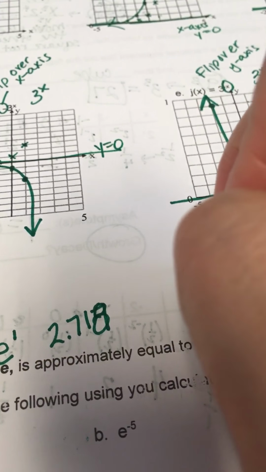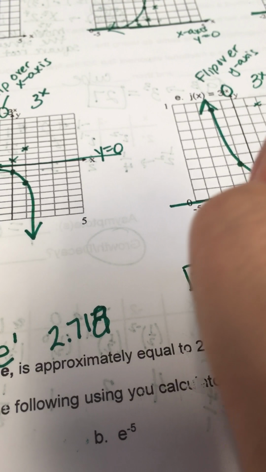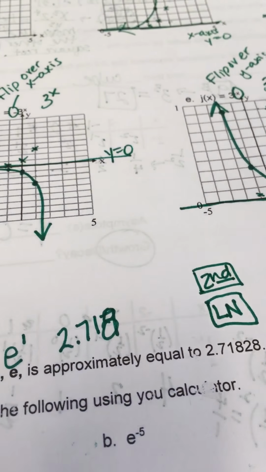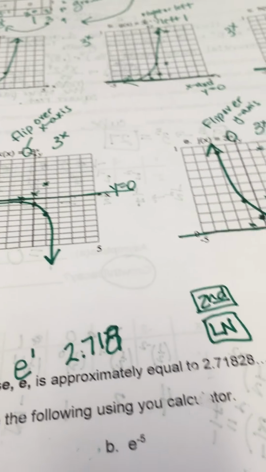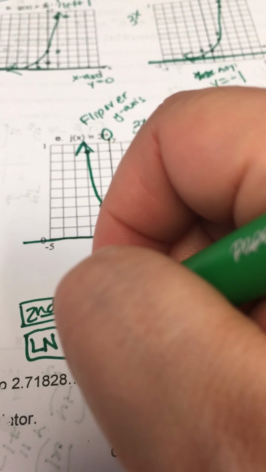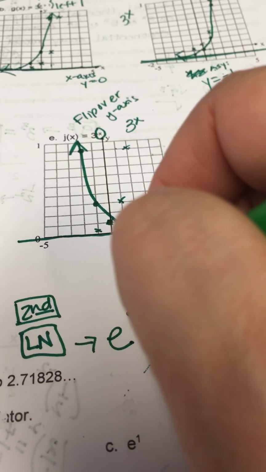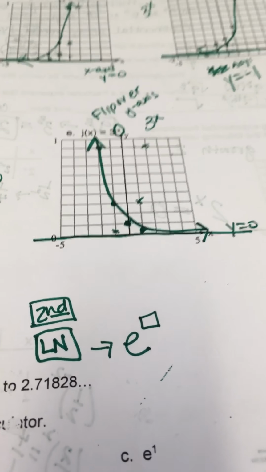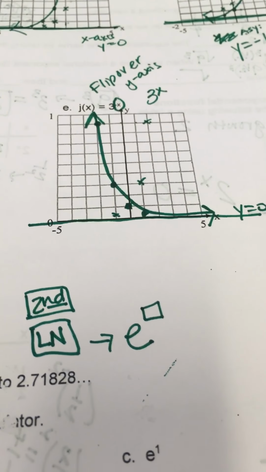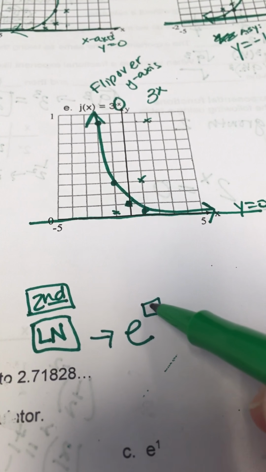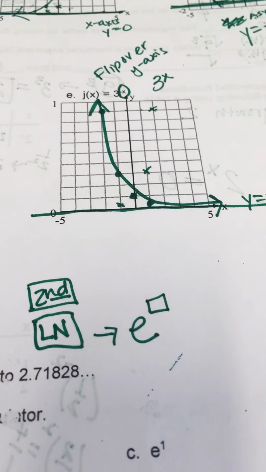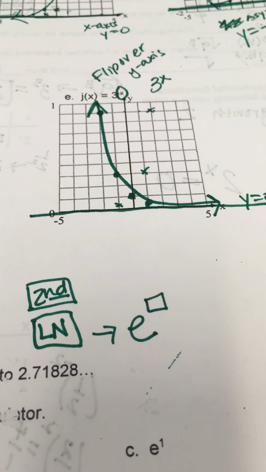To get e, we need to press second. It's on the left hand side down by the on button. To get e, I press second natural log and you'll get e, and depending on the calculator you have, it will put it as e and then it'll ask you for the exponent. It does this every time, asking what exponent you want to raise it to.